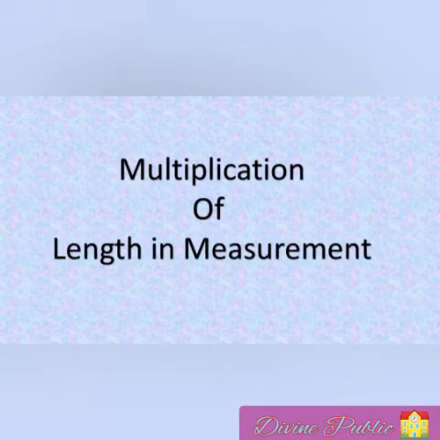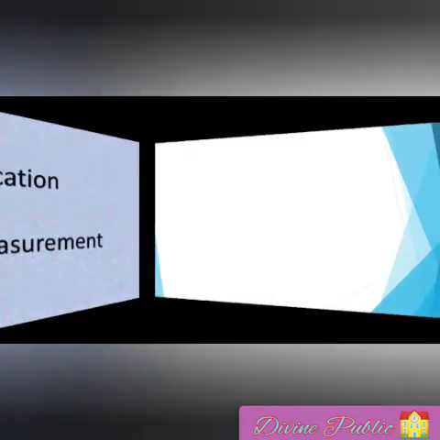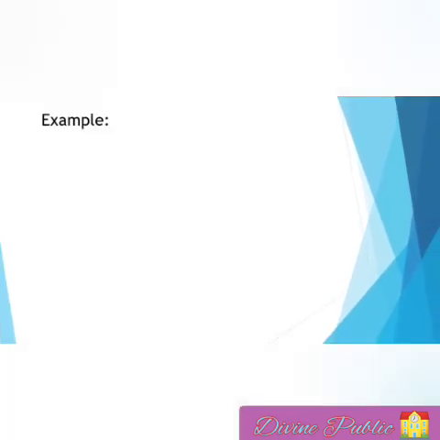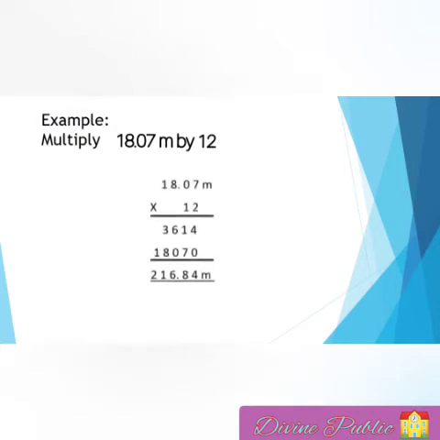Now let us move to the next part, multiplication of length in measurement. Now dear students, let us understand this with the help of example. Multiply 18.07 by 12. Let us see the solution. Same as the previous, we have to arrange 18.07 meter and 12 in the column.